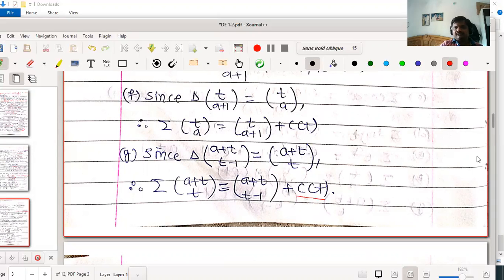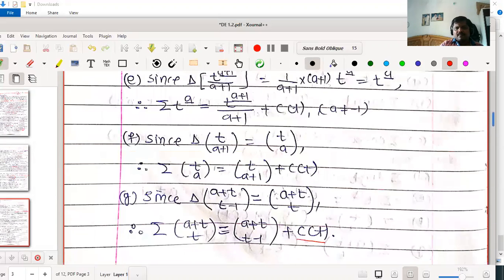So we proved all the formulas, the basic formulas. This is very parallel with what? Integral. It is very parallel with integral. How is it like integral? It means, if delta of yt equal to zt, then summation of zt equal to yt. The right hand side summation will come.